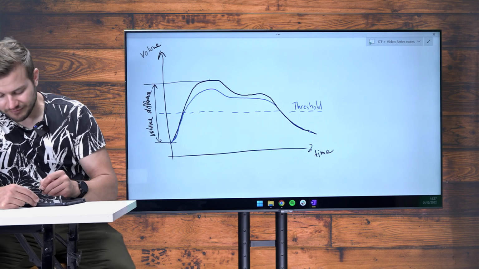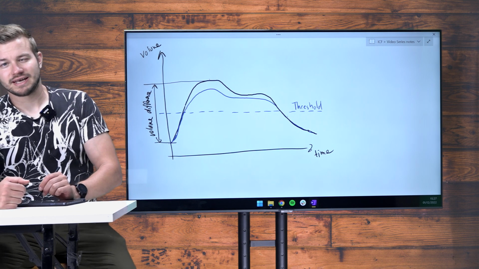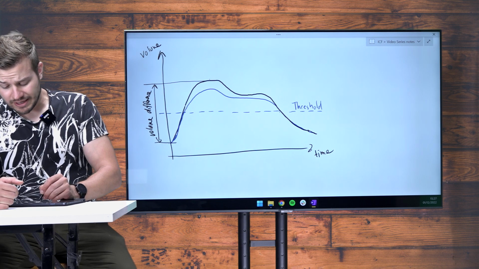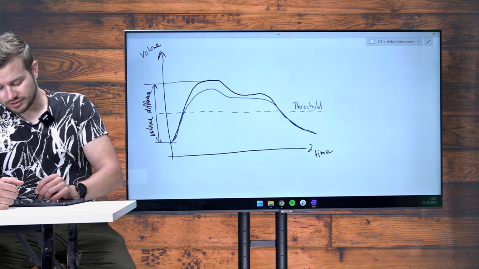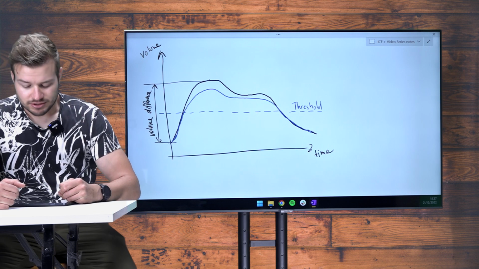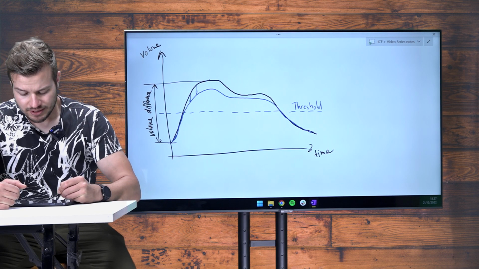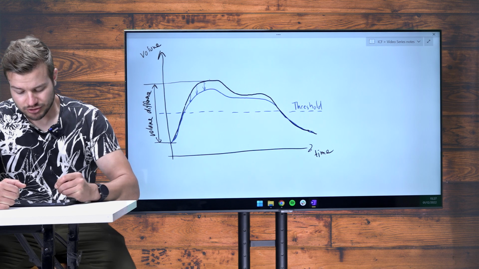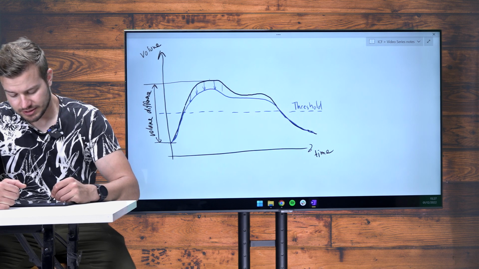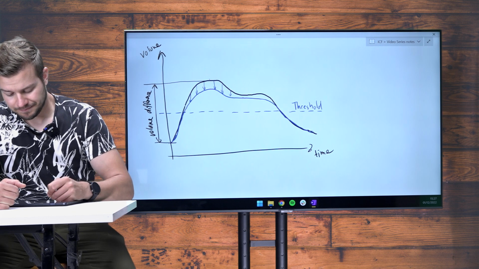And when we pass the threshold again at the end here, we again have exactly the same signal. We don't further turn it down. So as soon as we pass the threshold, the signal is turned down at every point in time.